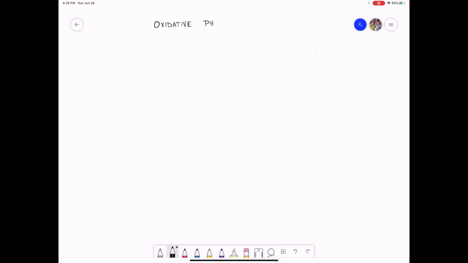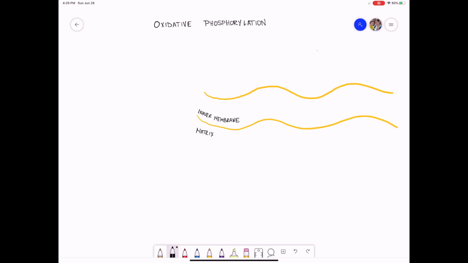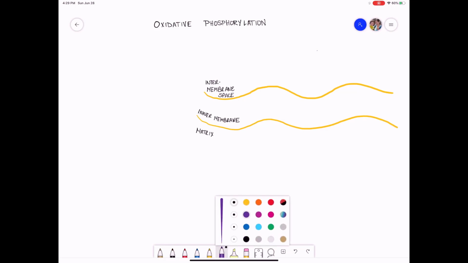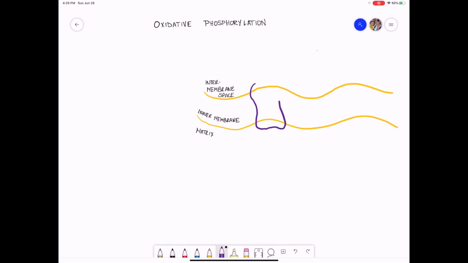So we're going to start our review of oxidative phosphorylation by looking at the mitochondria, specifically the inner membrane of the mitochondria, where oxidative phosphorylation occurs. The inner membrane breaks up the mitochondria into 2 compartments, the matrix and the intermembrane space. Now the inner membrane is going to have a series of proteins embedded in it.